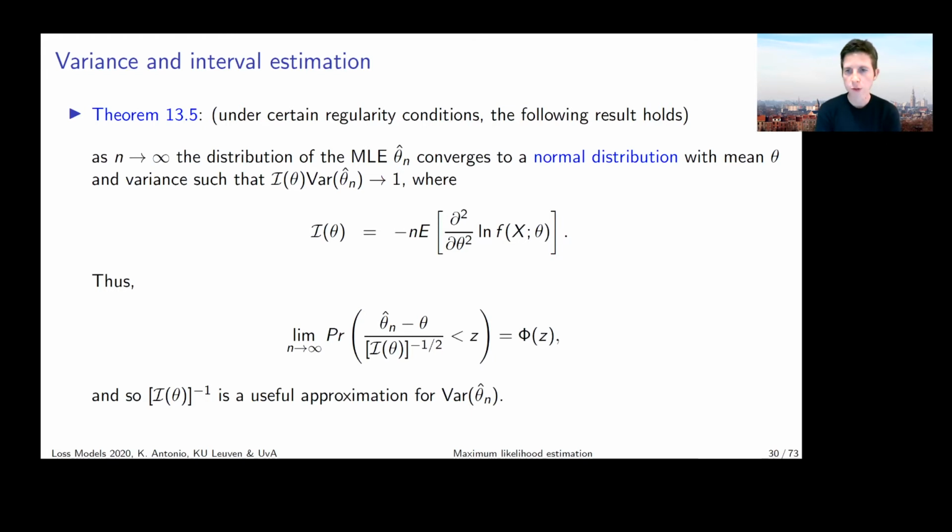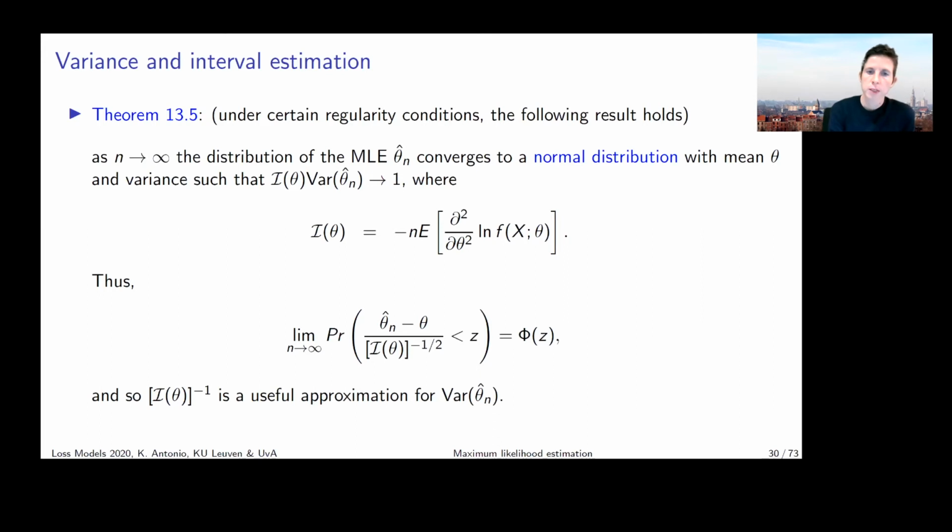So we learn a couple of useful things from here. So we know that the MLE, if I let n go to infinity, so if I'm able to collect more data, then my MLE will be unbiased eventually. And unbiased means that it will converge to the true unknown parameter that I try to estimate.